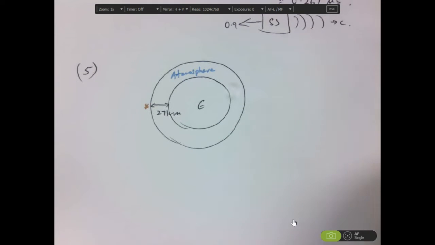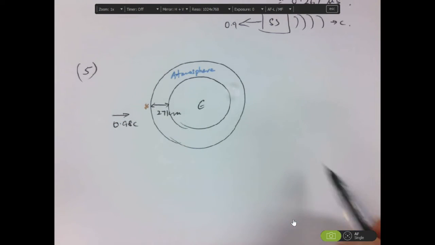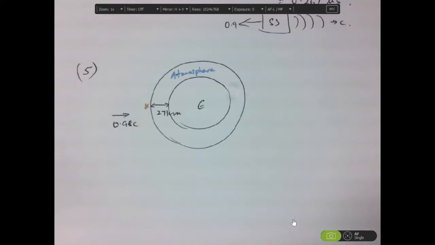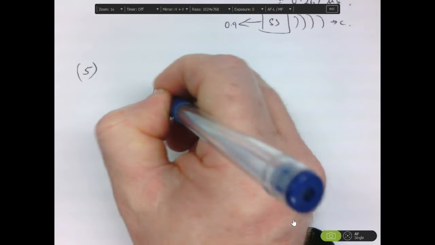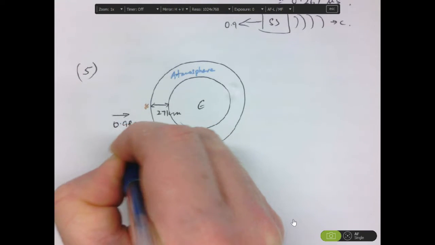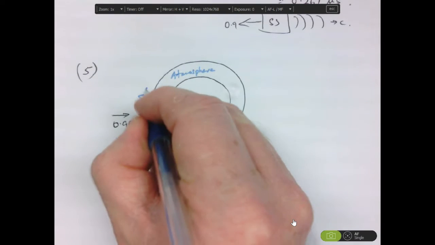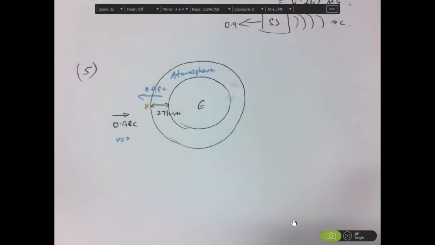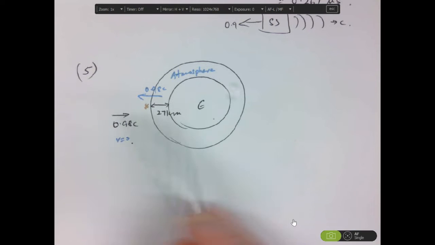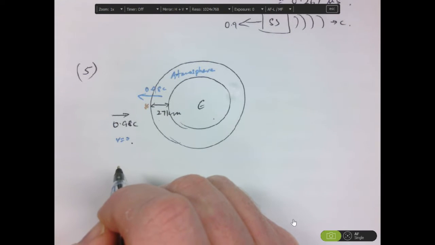Okay, and it's traveling at a velocity of 0.98 C. So what the muon will see is it would see this atmosphere coming towards it. So if we assume the muon is stationary, we assume that the Earth is coming back towards it at 0.98 c. From the muon's frame of reference, they think that they're stationary and it's the Earth arriving. So it would see this 27 as being foreshortened.